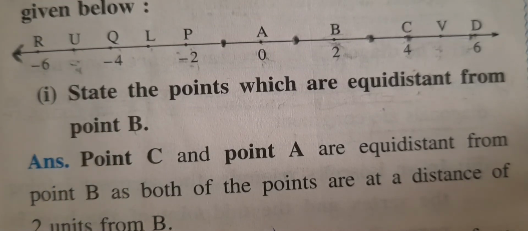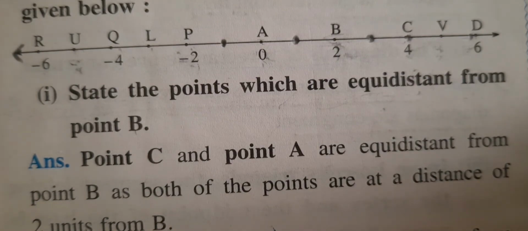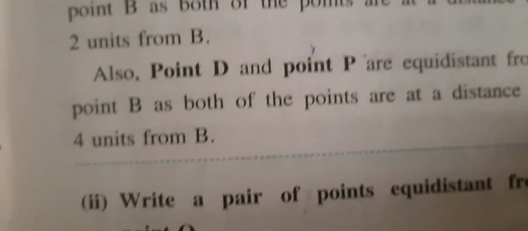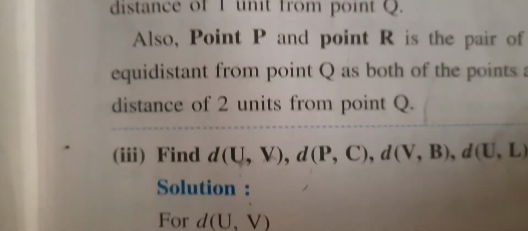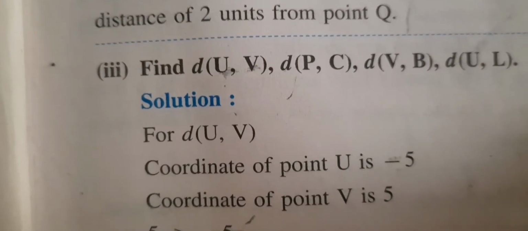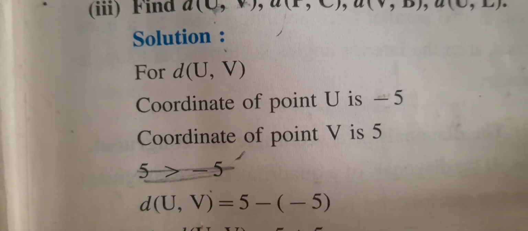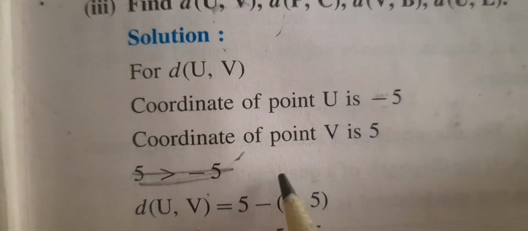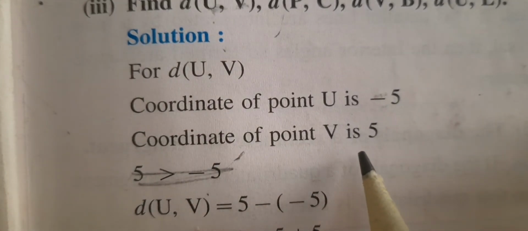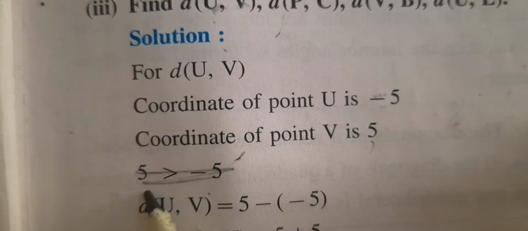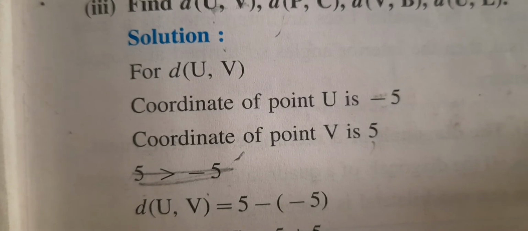To find distance UV, we know the greater coordinate is plus 5 and smaller coordinate is minus 5. So see the steps, how we find out distance UV. The coordinate of U is minus 5, the coordinate of V is plus 5. Now we know 5 is greater than minus 5.